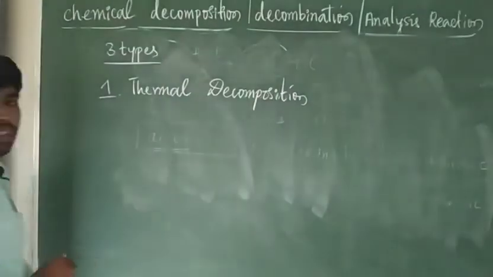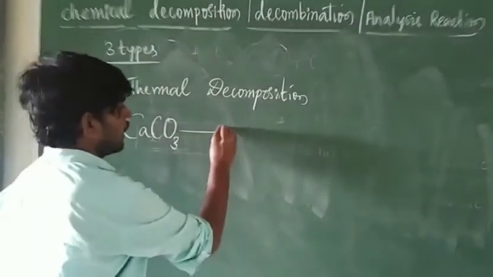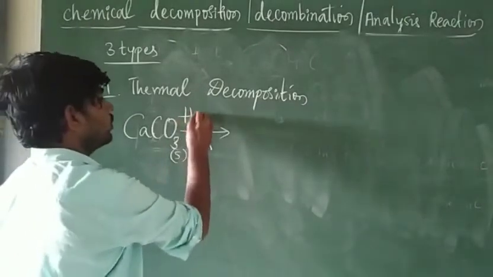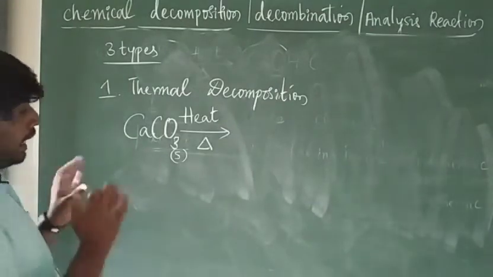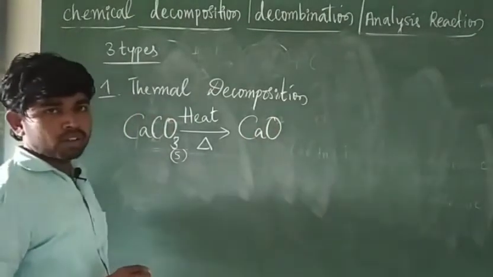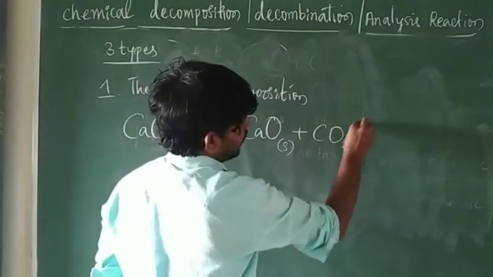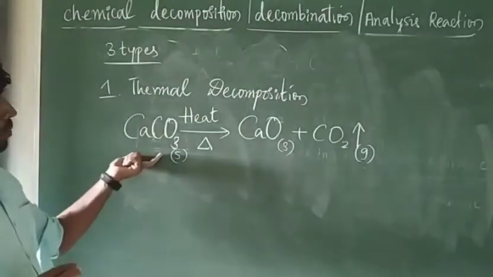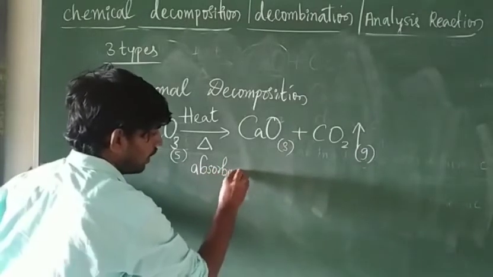Thermal decomposition reaction. Example, same thing, calcium carbonate, in the form of solid. The triangle means heat energy. It absorbs the heat energy, meaning we are supplying the heat energy. It forms 2 products: one is calcium oxide, in the form of solid, and one more is carbon dioxide, in the gaseous state.